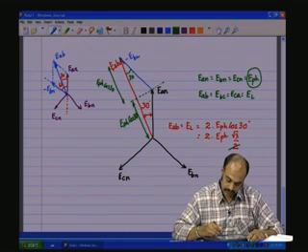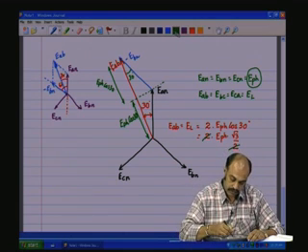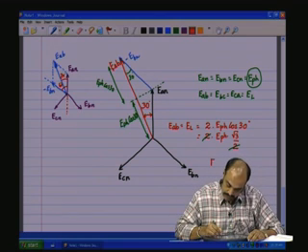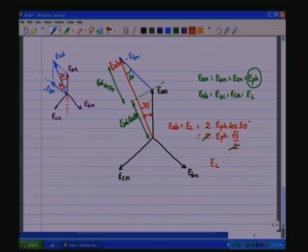So, we have a cancellation there, and therefore, we have an important relationship. Line voltage is root 3 times phase voltage. So, this is applicable in general to all the line voltages.